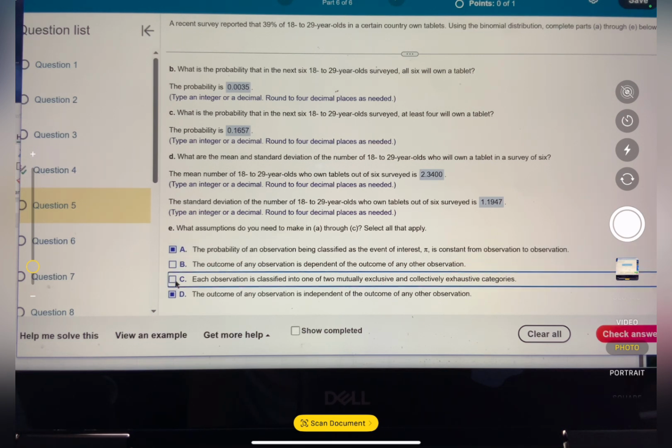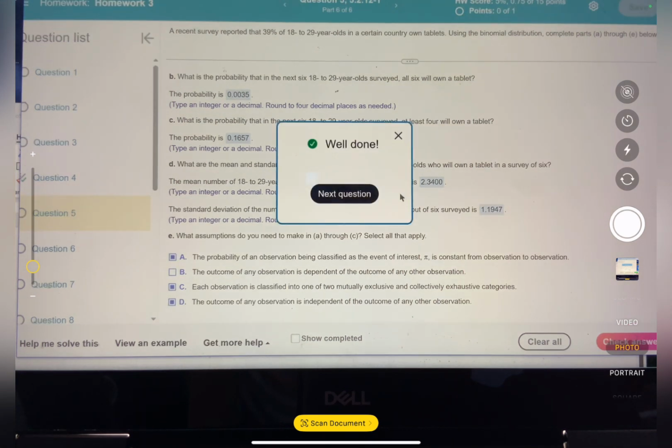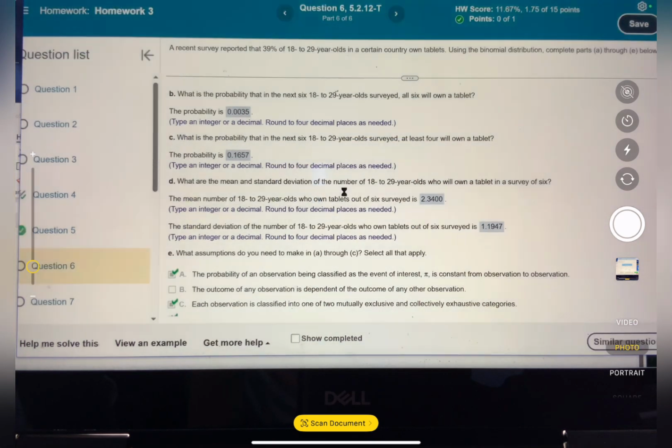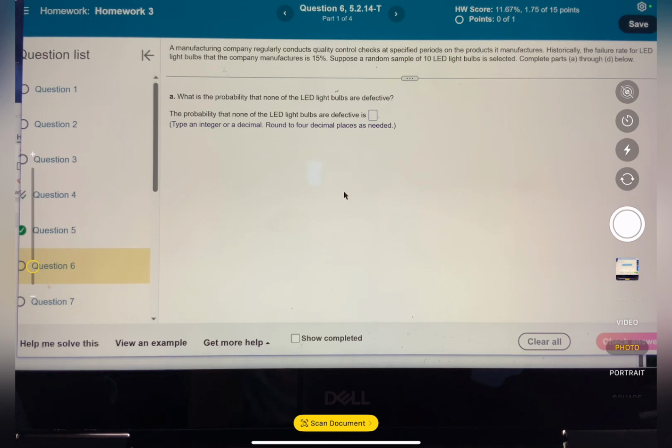Okay, this one and the last one, the outcome of any observation is independent of the outcome of any other observation. So besides B, everything else is satisfied, unless I misunderstood the explanation. Well done. All right, moving to question number 6.